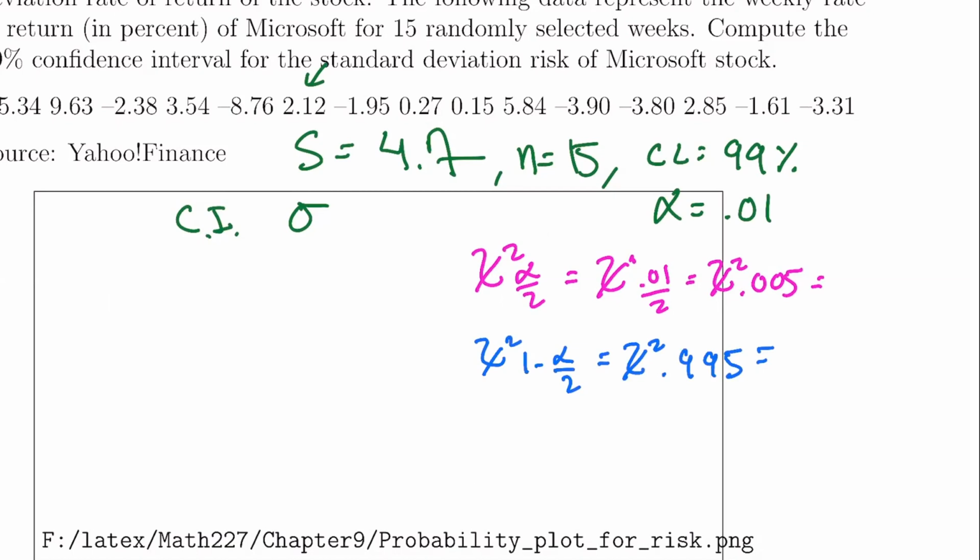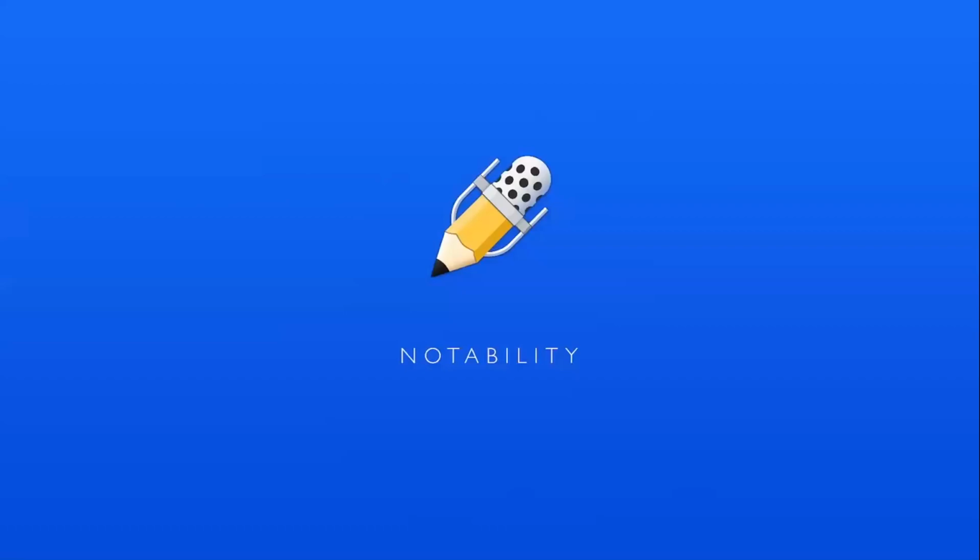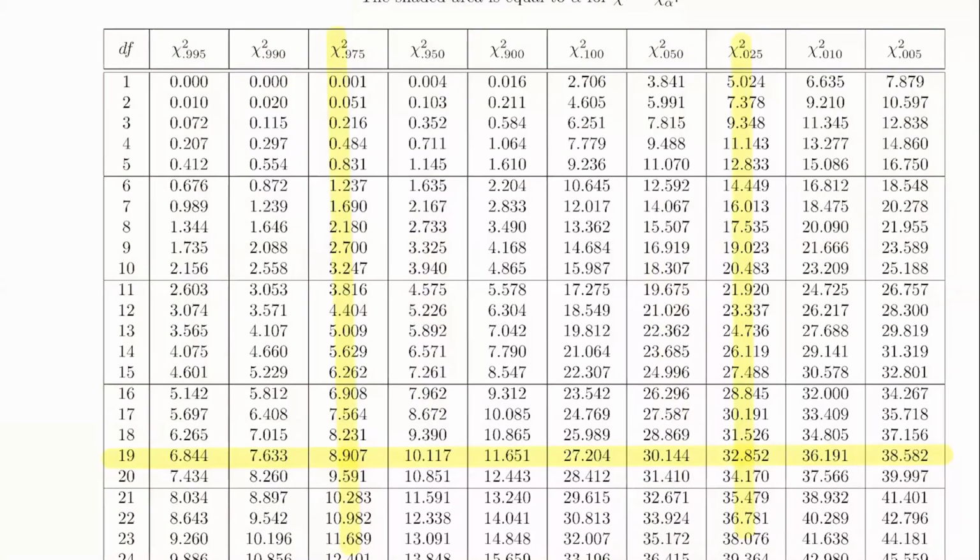Okay, so let me move over to our chi-square table. So we have degrees of freedom of 14. We have chi-square of, sorry, 0.005, which is all the way over here. We also have chi-square of 0.995, which is all the way over here.